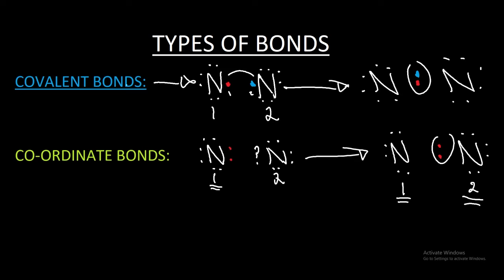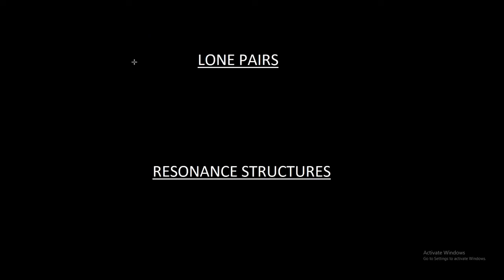In our case, we will not be seeing any coordinate bonds in the molecule IF6 1+. However, we'll definitely see this in a lot of other molecules in VSEPR and hybridization. Next, lone pairs. This is when the central atom has a lone pair of electrons attached to it.